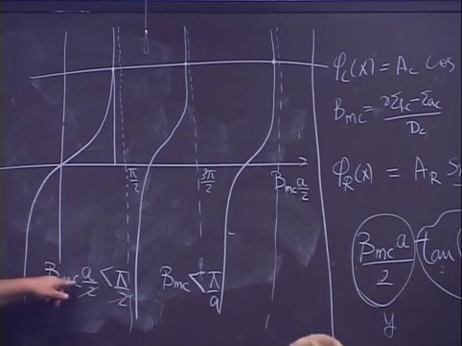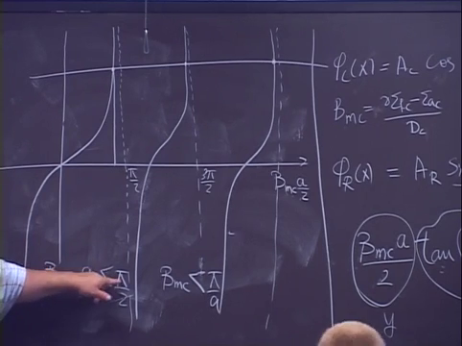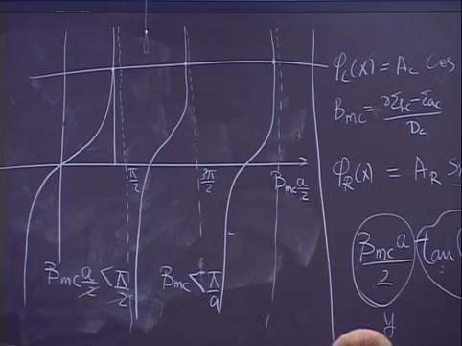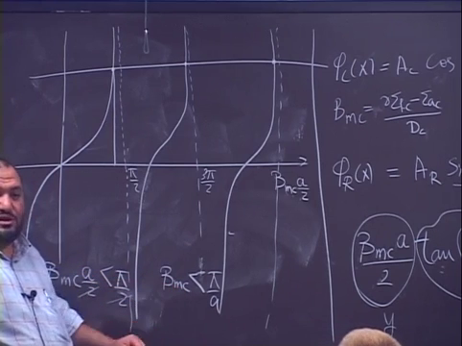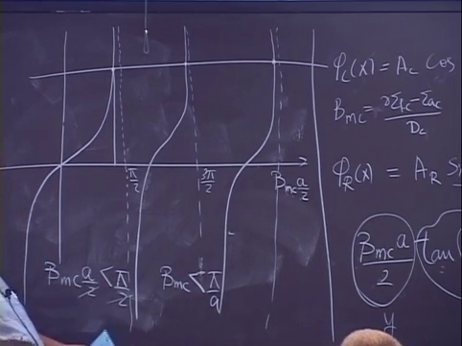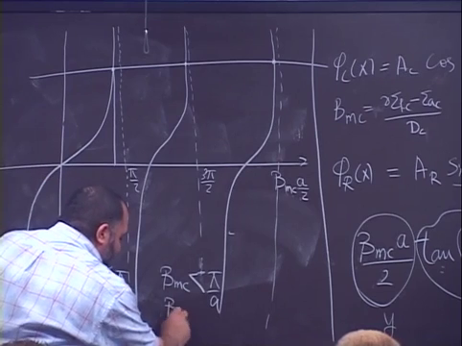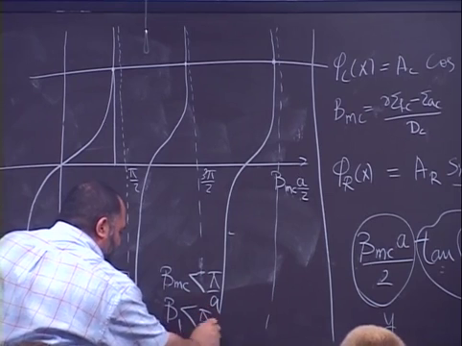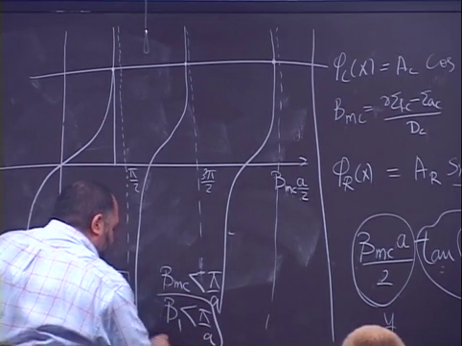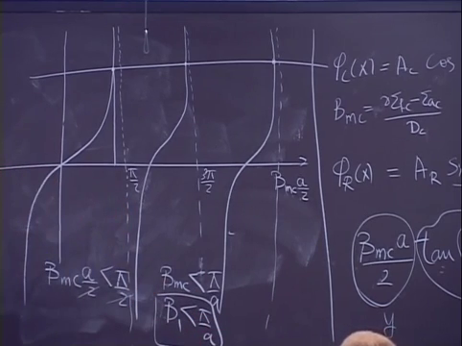So B, the material buckling in the core, will be less than or equal to pi over A. What does it mean? For the criticality condition, I can replace the material buckling with the geometrical buckling, since they are equal. So the geometrical buckling will be less than pi over A.